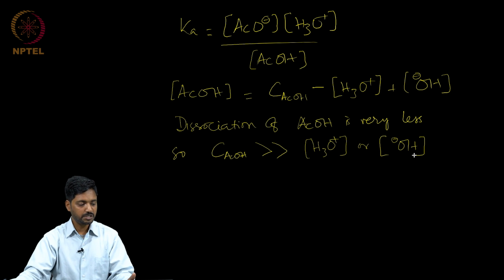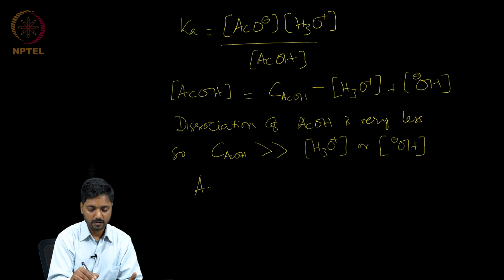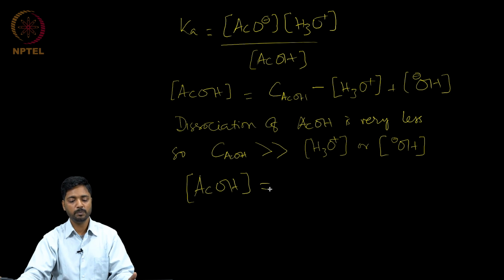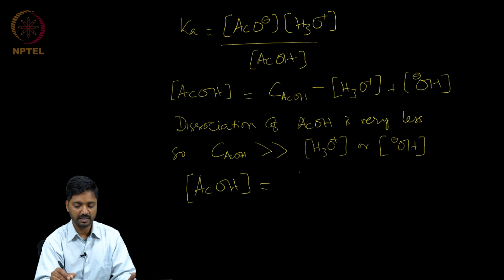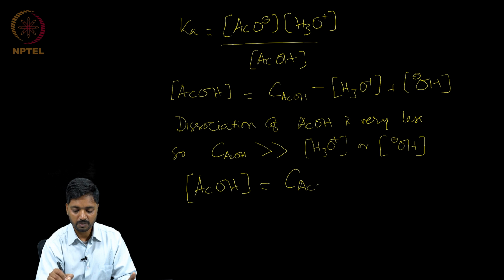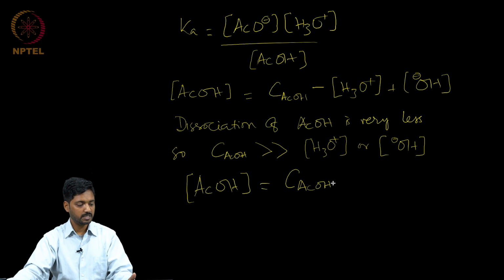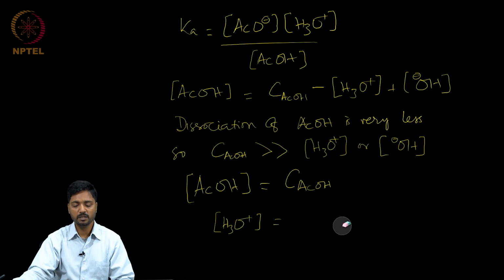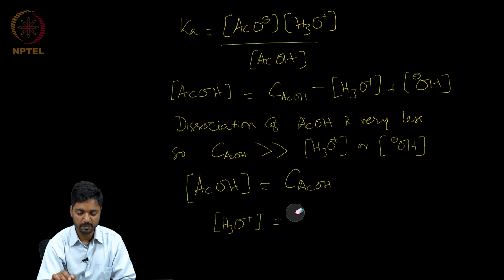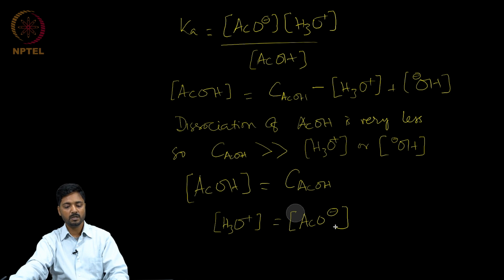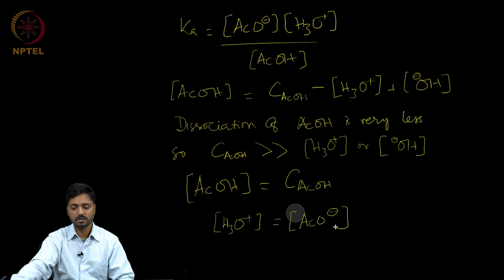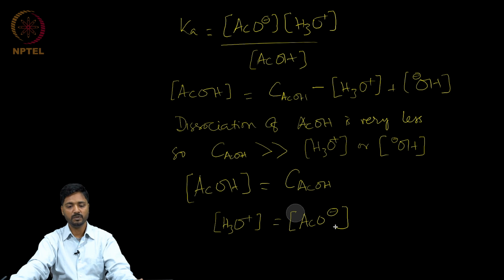Not much changes here, and what we presume is that the equilibrium concentration of acetic acid is similar to the original concentration of the acetic acid. Another presumption that we have is that the hydronium ion concentration is equal to the acetate anion concentration, because acetic acid dissociation is going to be our key source of the hydronium ion in the medium.